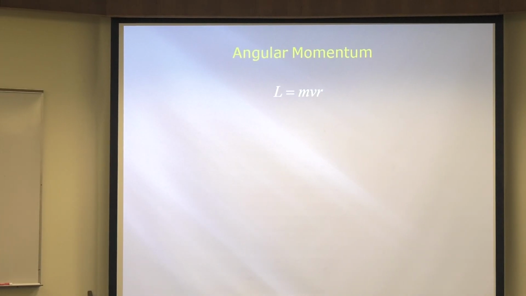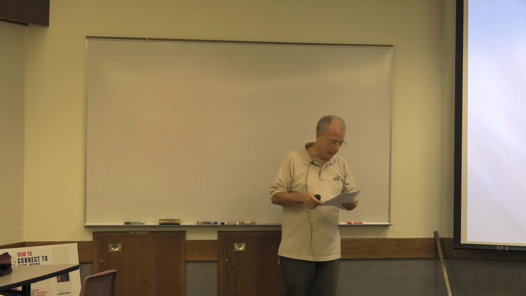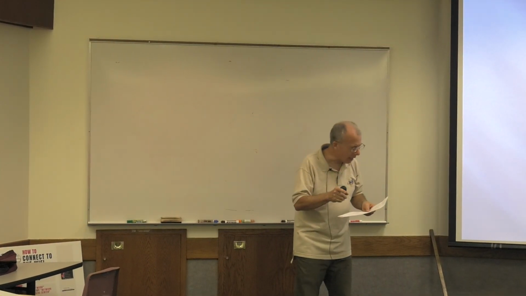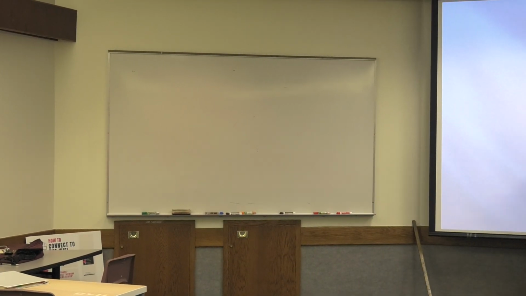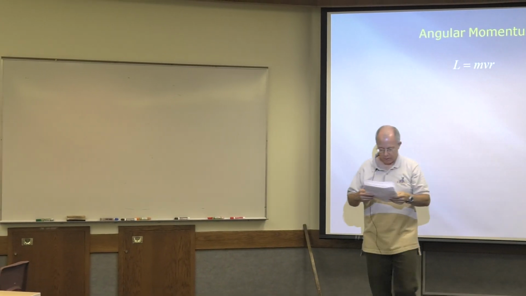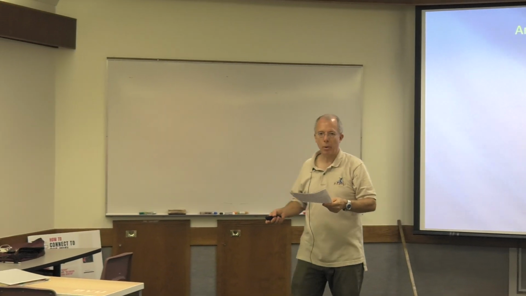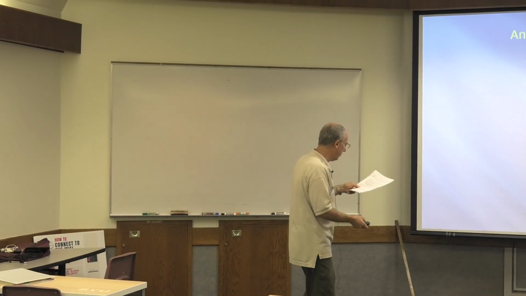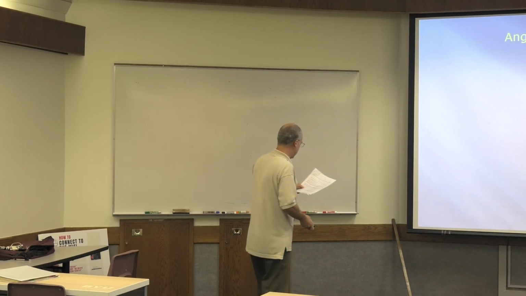Now think about it. According to the Bohr model, the radii are quantized and the velocities are quantized. Well, here we have a radius and here we have a velocity. So what does that say for the angular momentum? It has to be quantized, right? It has to be quantized.